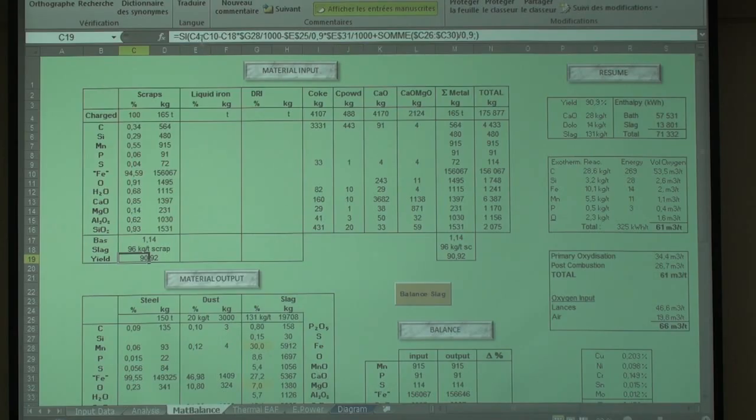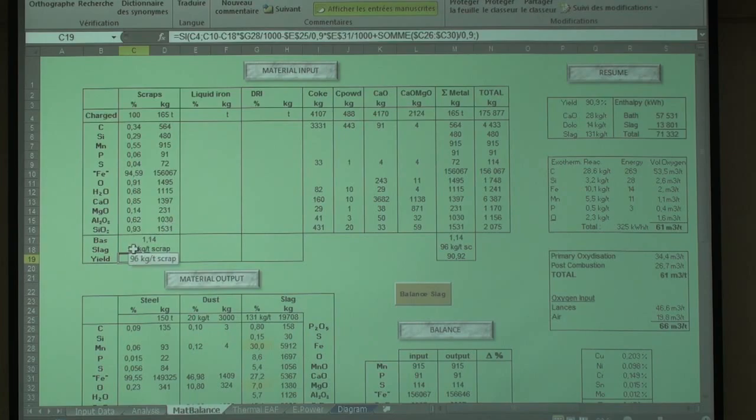So, if C4, I mean, if C4 means if I have scrap, I do calculation. If I don't have scrap, I don't do this calculation. This is to avoid to have error by dividing by zero. Yeah, of course. So C10 is the iron content of the scrap. Minus C18.